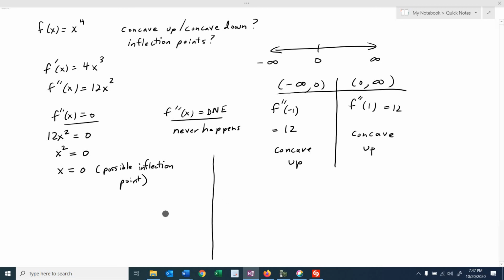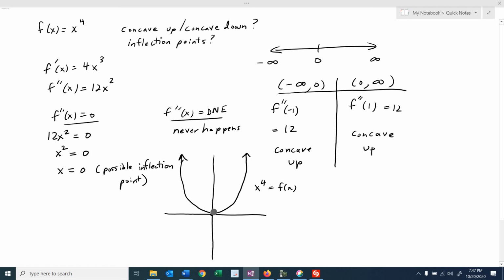In fact, if you graph x to the fourth, x to the fourth looks something like this. And you can see it's concave up throughout from negative infinity to infinity.